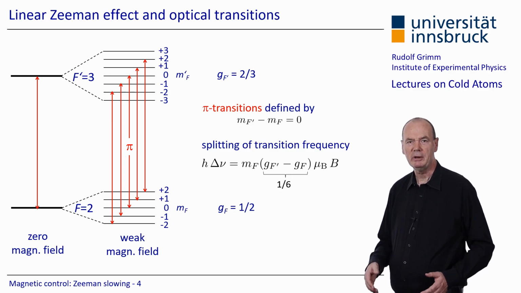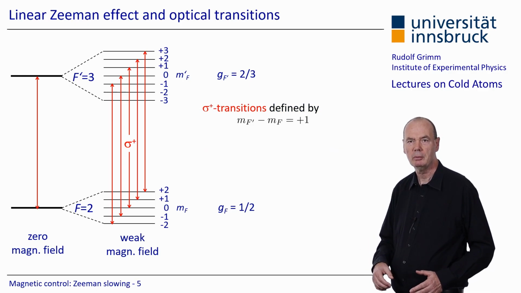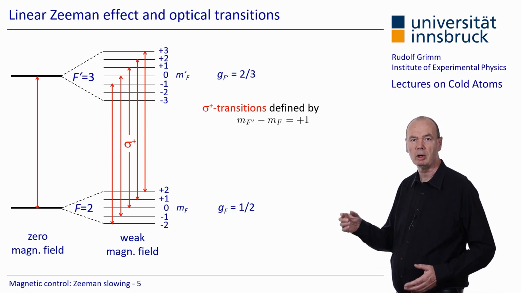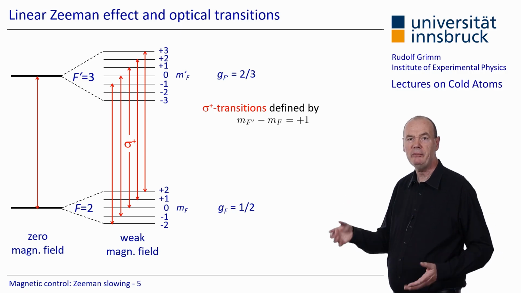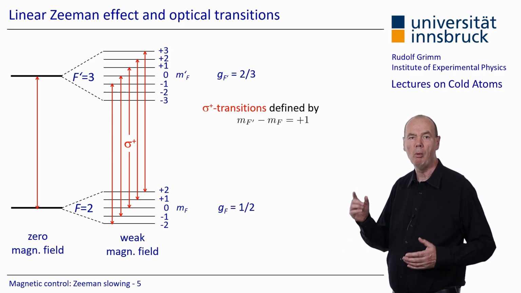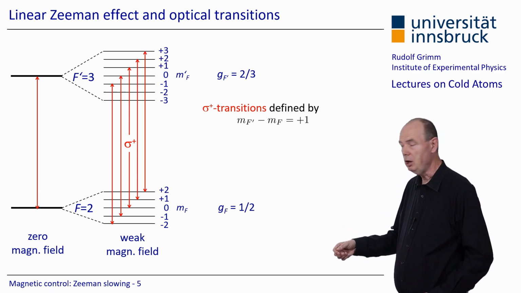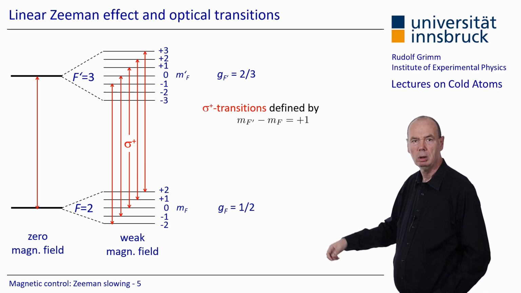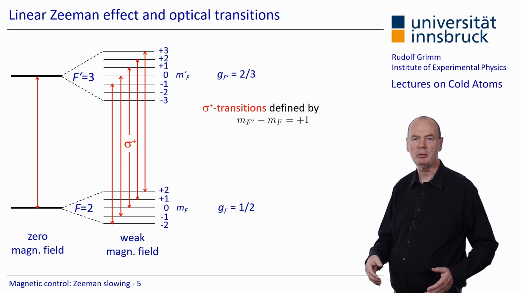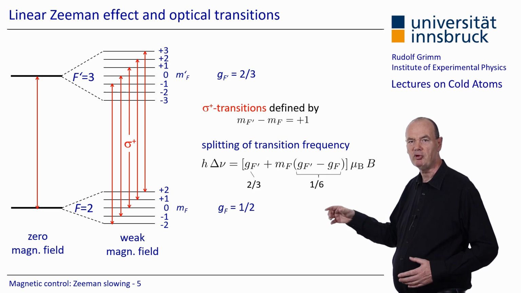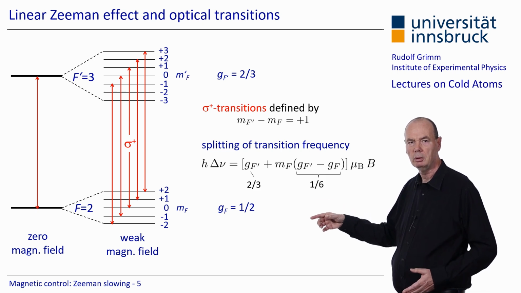But now let us consider sigma plus transitions. Here the absorption of a photon changes the orientation of the total angular momentum of the atom, increasing the magnetic quantum number by 1. You can see in the figure that the arrows are now just a bit longer. The splitting of the transition frequency now follows this general formula with our specific G factor values here.